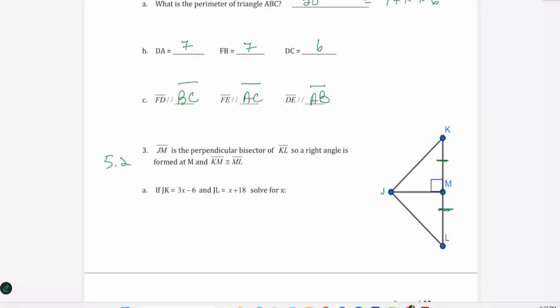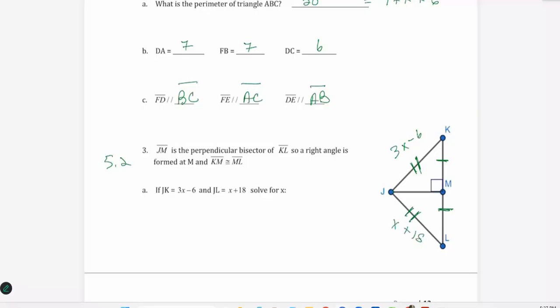Well, if this is the perpendicular bisector JM, then this has to equal this because isosceles triangles get formed.